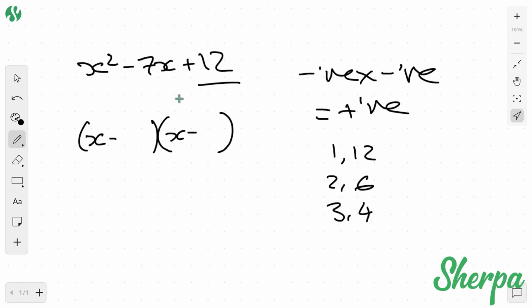So it's quite easy to see that this is almost the opposite of the first example that we gave, in which negative 3 plus negative 4 is going to equal negative 7. But negative 3 times negative 4 is going to equal 12. So actually, within our factors, we could also write negative 1, negative 12, negative 2, negative 6, and negative 3, negative 4.